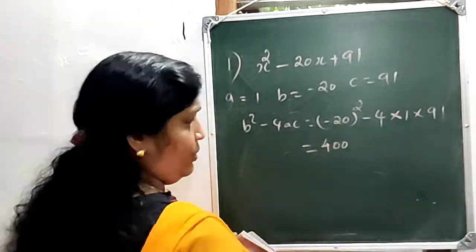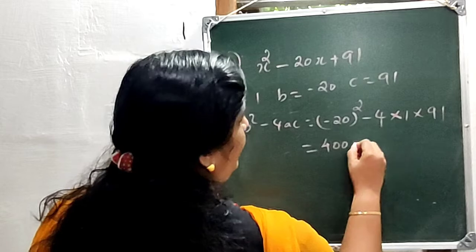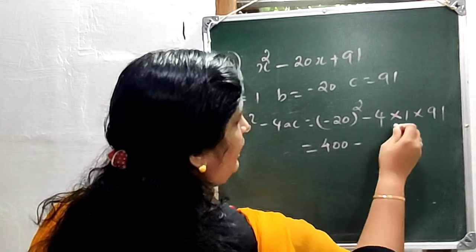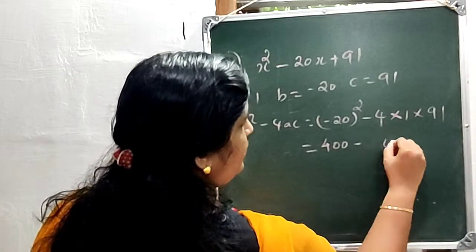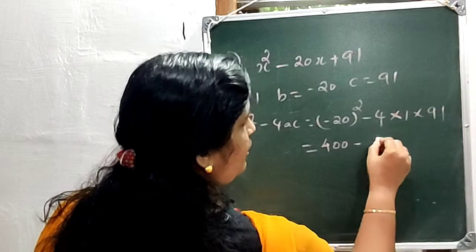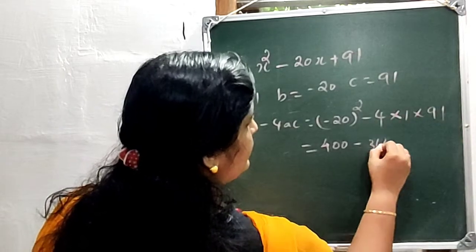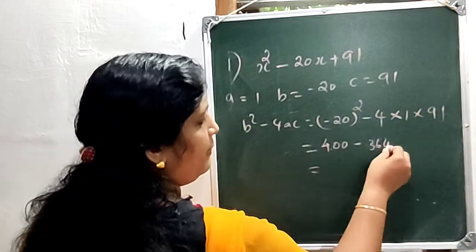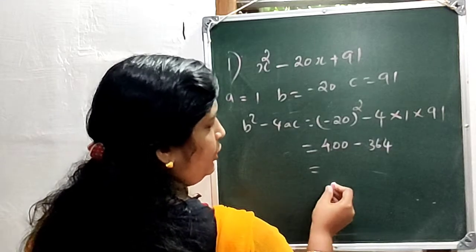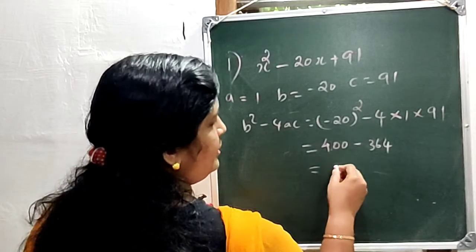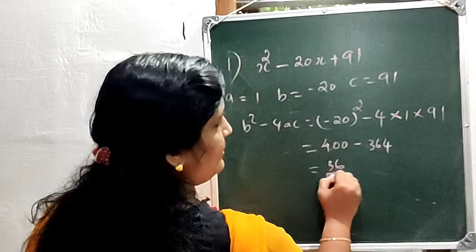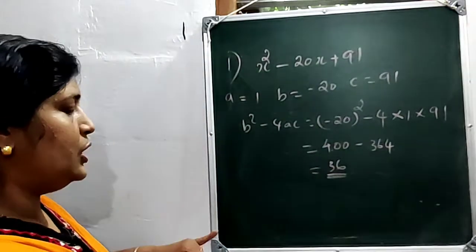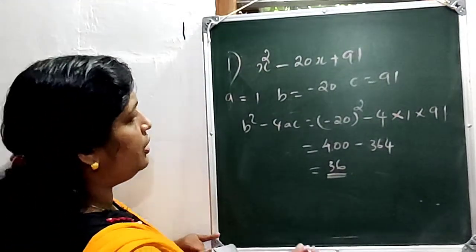Minus 20 square is also equal to 400. Minus 4 into 1 into 91. 91 into 4 is, 9 4s are 36, 364. So 400 minus 364 is equal to 36. So b square minus 4ac is equal to 36.